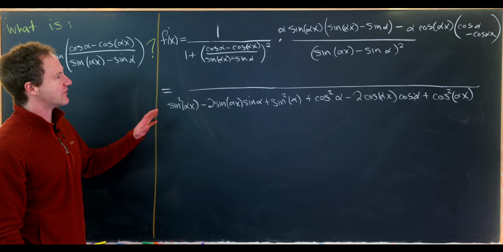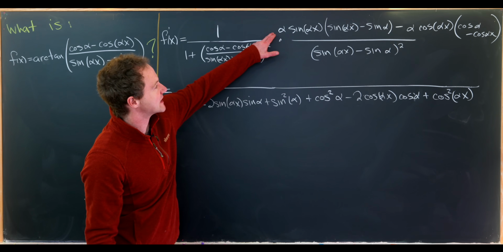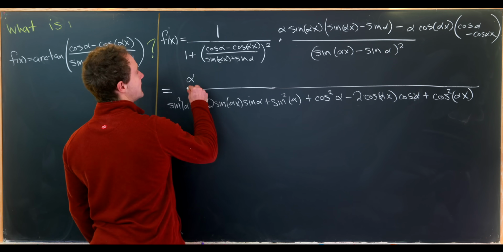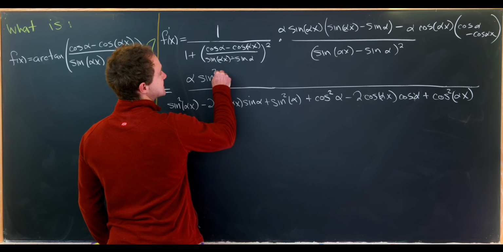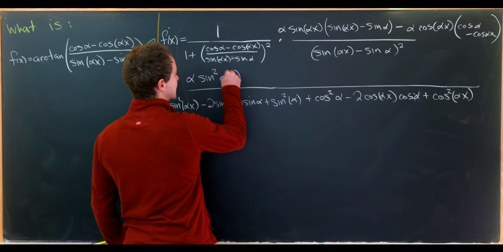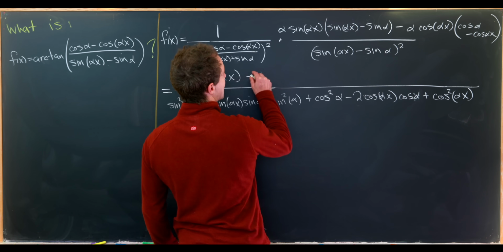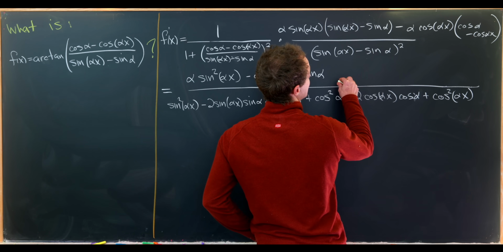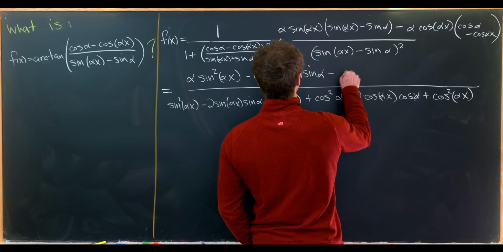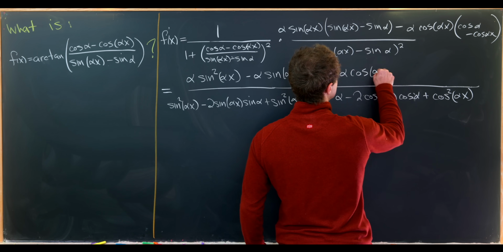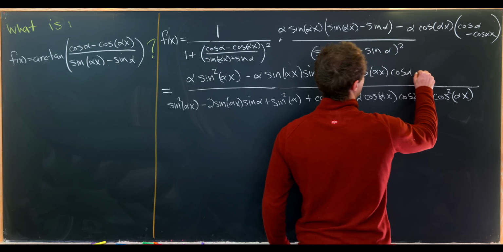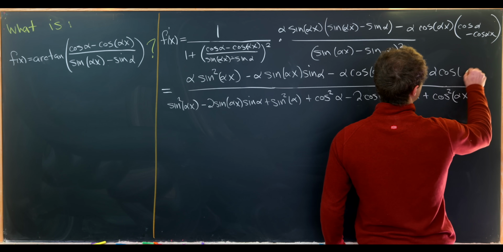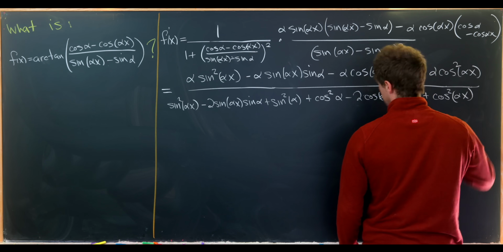And then what will we have in the numerator? Well, it'll be the expansion of all of this stuff right here. So let's see, that's going to give us alpha times sine squared of alpha x, and then minus alpha times sine of alpha x times sine of alpha, and then minus alpha times cosine of alpha x times cosine of alpha plus alpha times cosine of alpha x quantity squared.